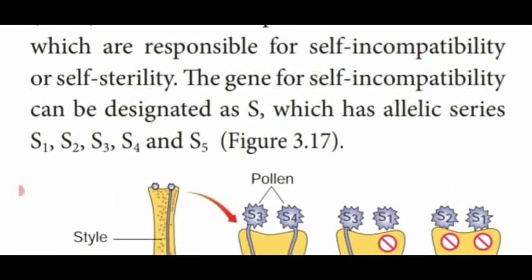So in Nicotiana tabacum, the self-sterility gene with multiple alleles is designated as S, which has an allelic series of S1, S2, S3, S4 and S5. How many multiple alleles are there? Five multiple alleles, designated as S1, S2, S3, S4 and S5.